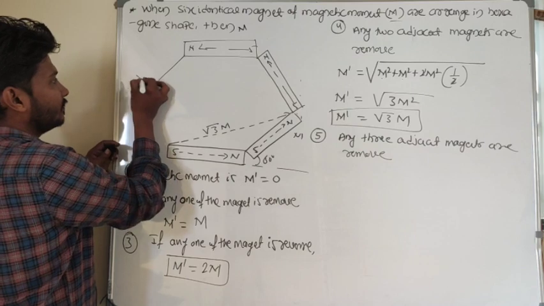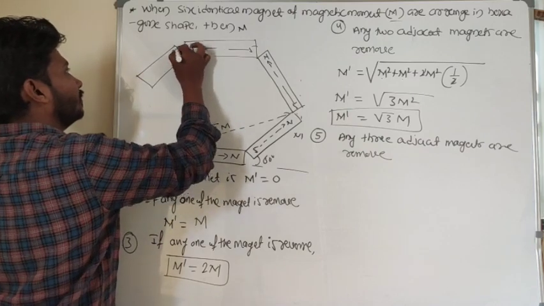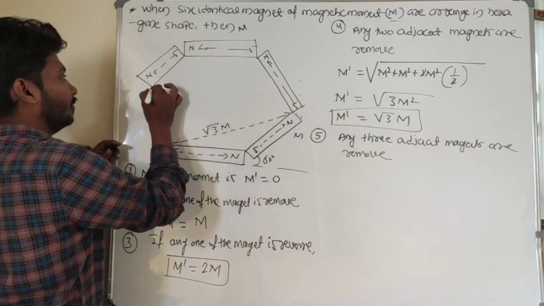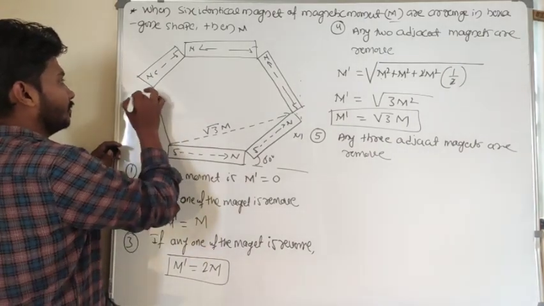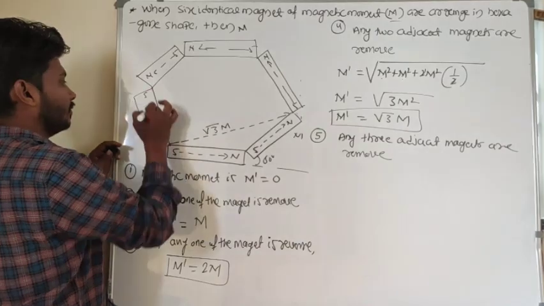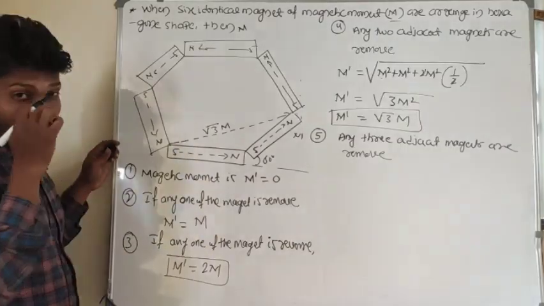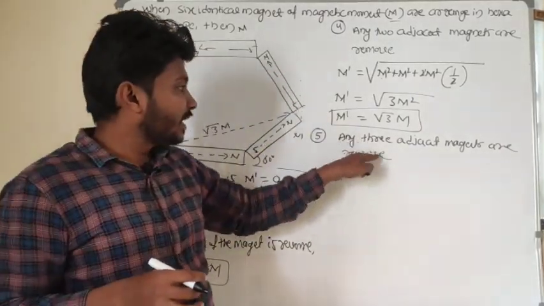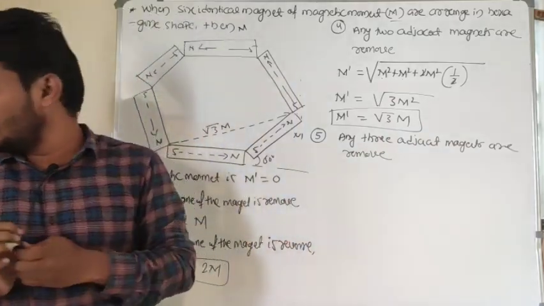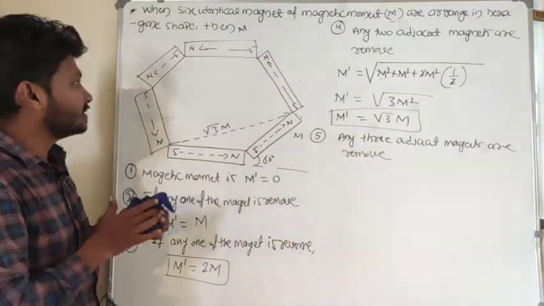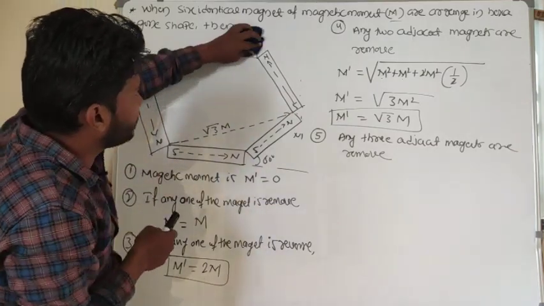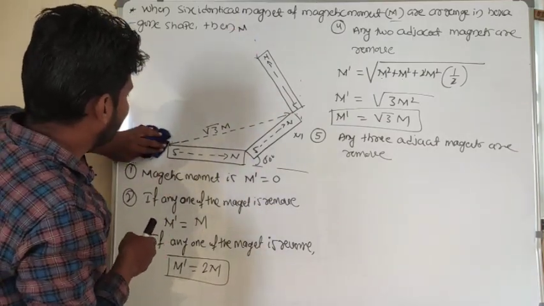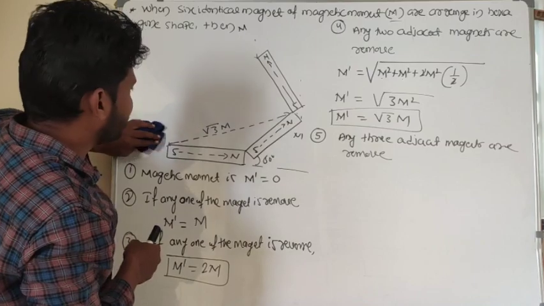This is south, north, and south and north, right? Out of 6 magnets, in the next case 3 adjacent magnets are removed. So I will remove 3 adjacent side magnets. Look at here, I removed the 3 adjacent side magnets.